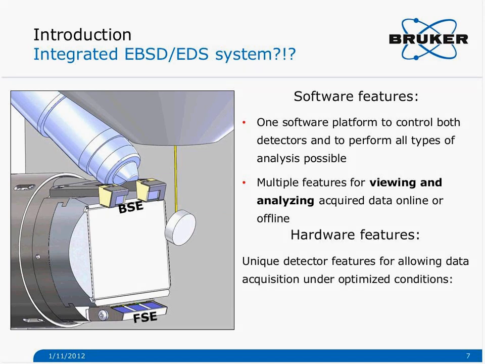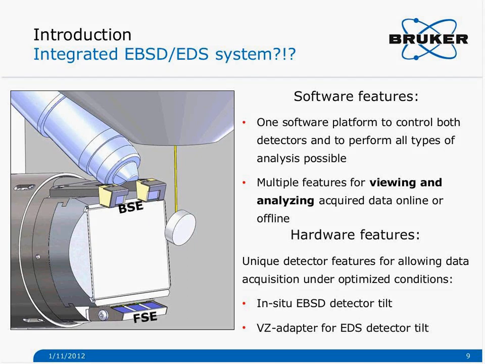In terms of hardware features, at Bruker we have developed a few unique features to allow users to acquire data sets in optimized conditions. One of these is the tilting option for both detectors.